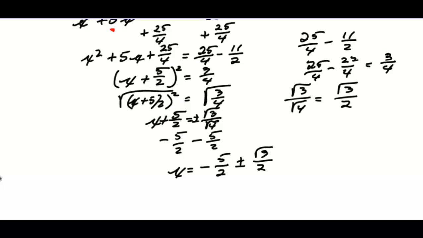So those two answers can be combined so that we say x equals negative 5 plus or minus the square root of 3, all over 2. And that's the solution to problem number 28.